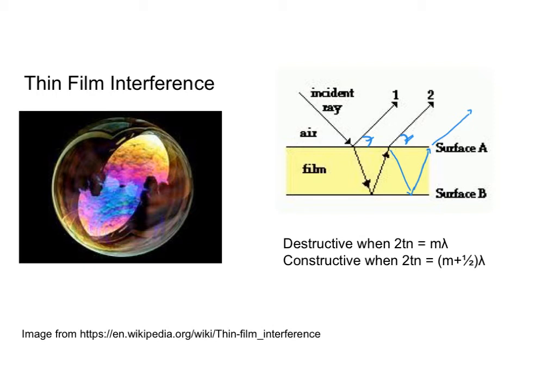So we're going to have destructive interference when 2 times t, which is the width of the film, times n, which is the index of refraction for our film, so for our soap bubble, that'll be the index of refraction for soap, is equal to m, which is any whole number, so 0, 1, 2, 3, etc., times, of course, lambda, the wavelength of light.